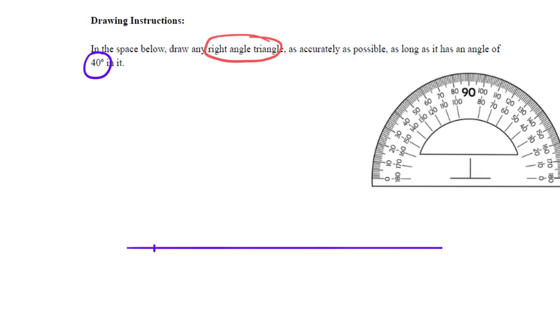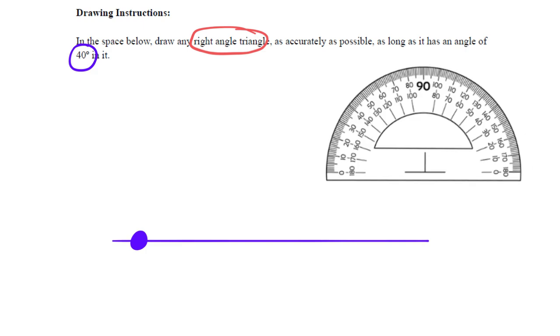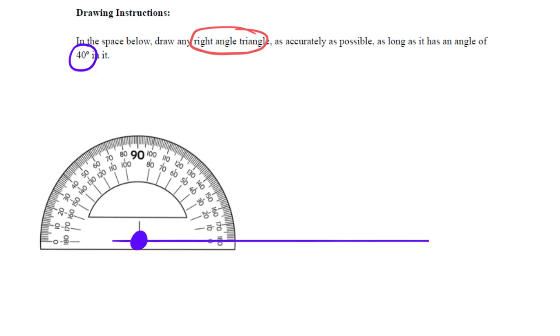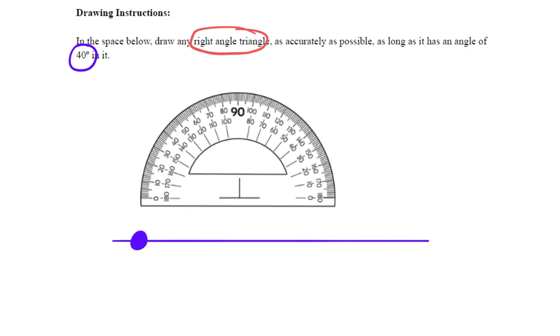Now, if I take a look at that line, what I don't want to do is make that tick so big that when I go to bring my protractor over, I have a really tough time trying to figure out where that vertex should go on my protractor.